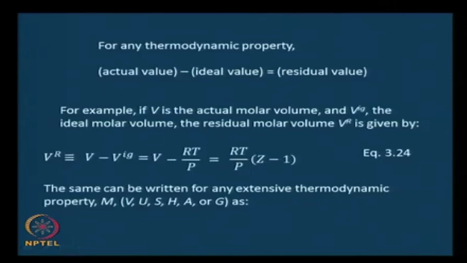the residual property for any extensive thermodynamic property. You could write one for internal energy, for entropy, enthalpy, Helmholtz free energy or Gibbs free energy, and if that is represented as Mr, the residual property is M, the actual property minus the ideal gas property.